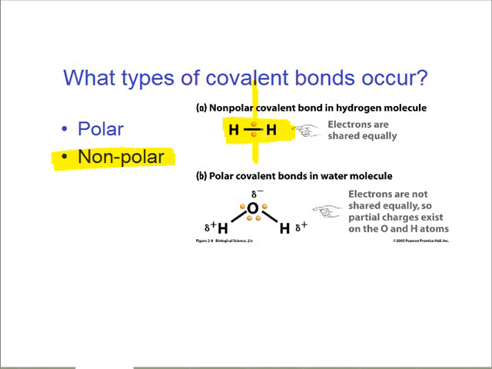On the other hand, let's take a look at a water molecule like this one down here. In a water molecule, I have an atom of oxygen that is covalently bonded to two atoms of hydrogen. And what's interesting about this is if you look at this oxygen atom, it turns out oxygen compared to hydrogen tends to be what we call electron greedy.